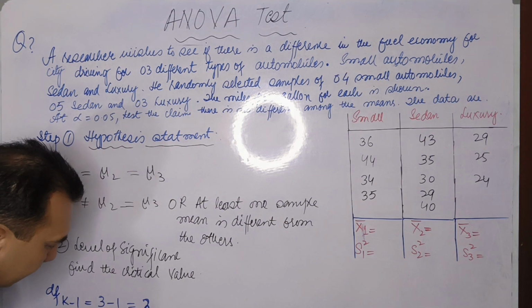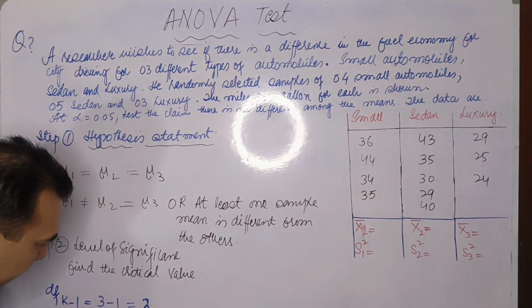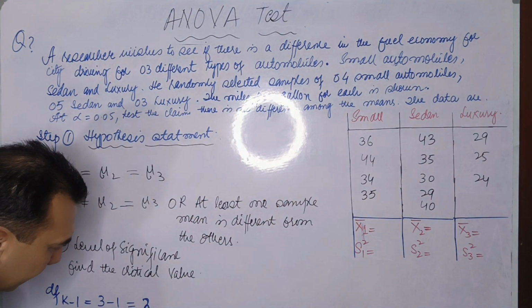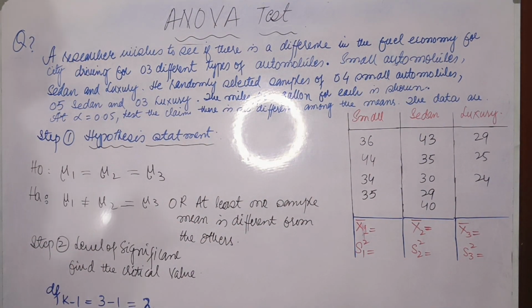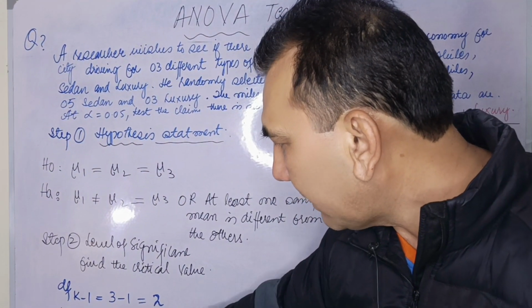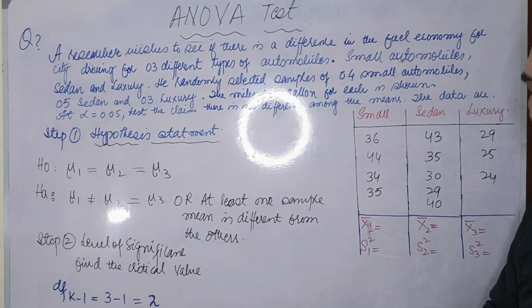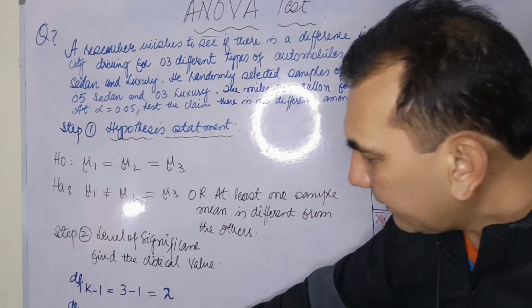Then n minus k, where k is 3, 12 minus 3 is equal to 9. Okay, this is our second degree of freedom.